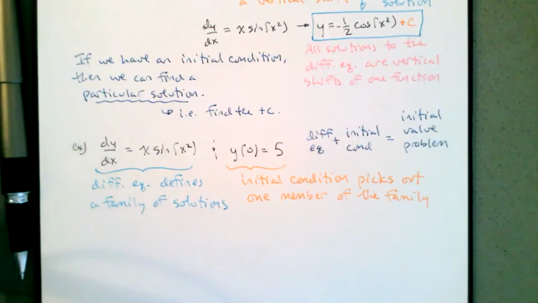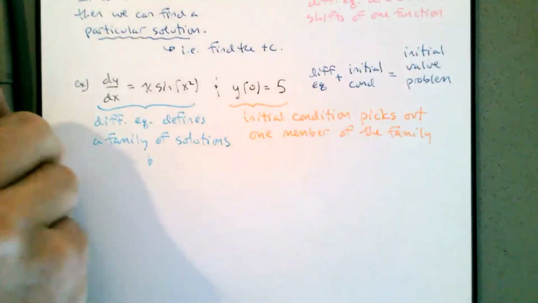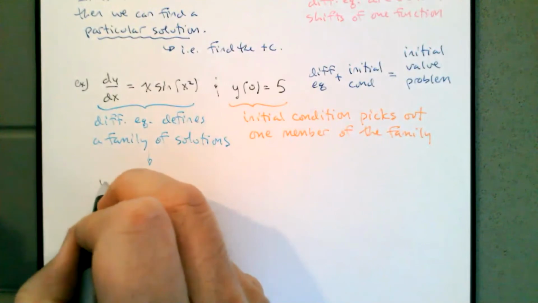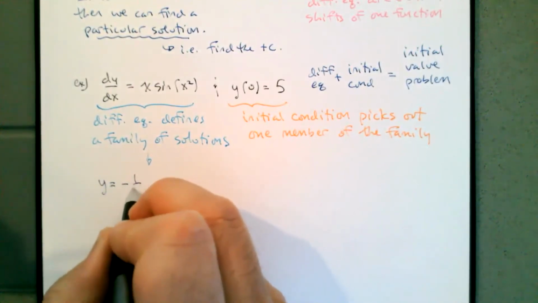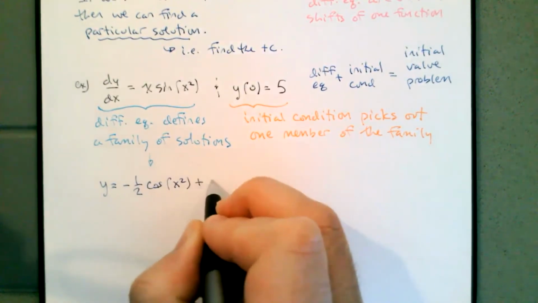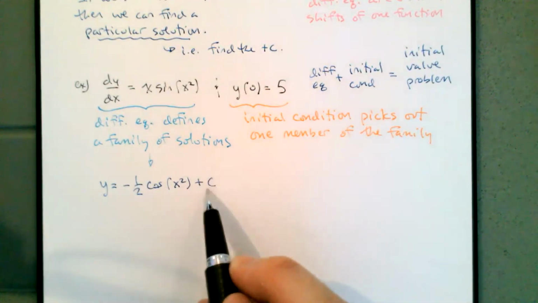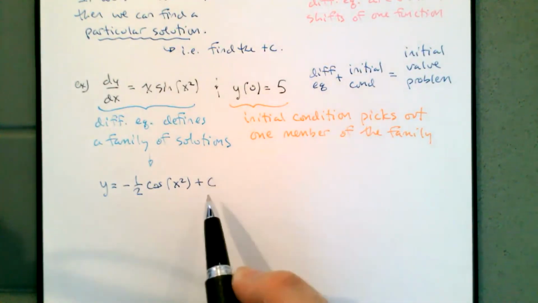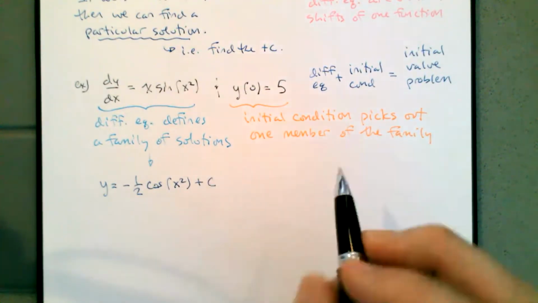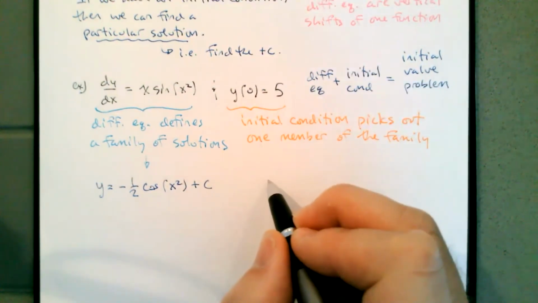So the differential equation gives us a family of solutions. This tells us that y is minus 1/2 cosine of x squared plus some constant. The initial condition allows us to figure out what this constant is. So here's our general solution. Then if y of 0 is equal to 5, I can plug in the 0.